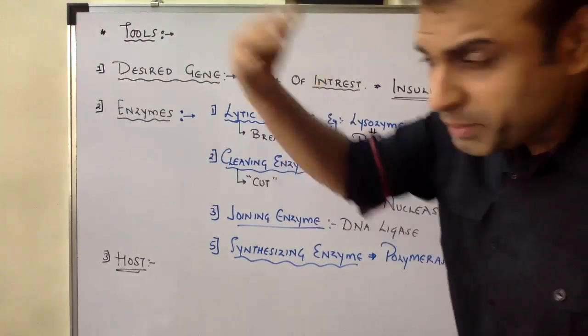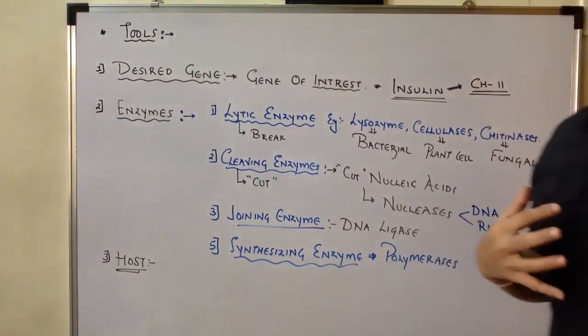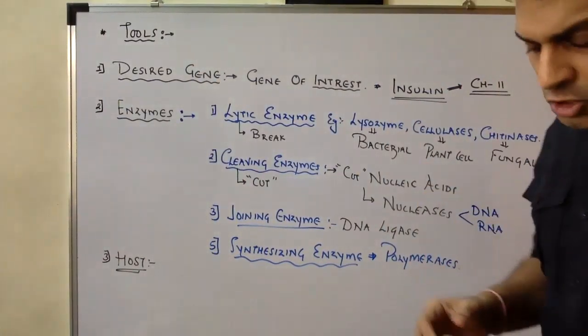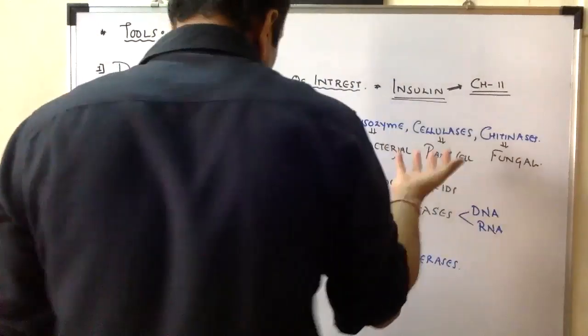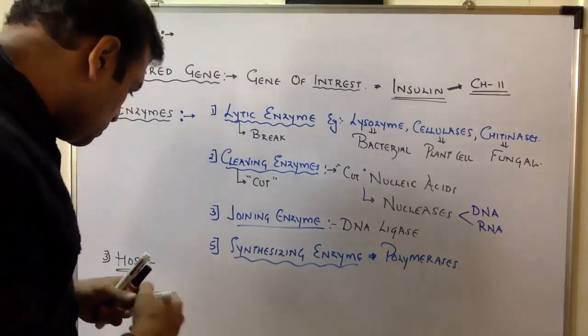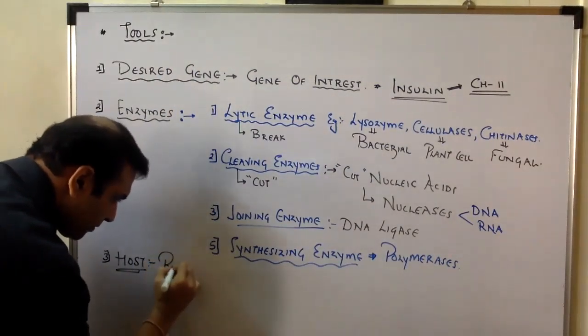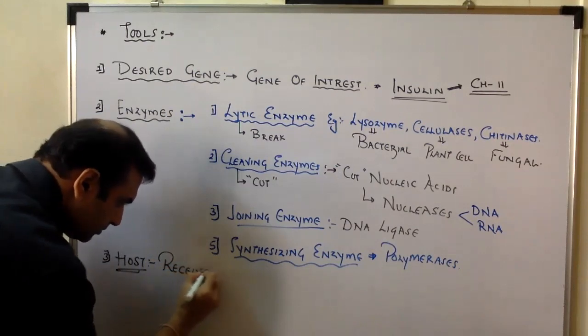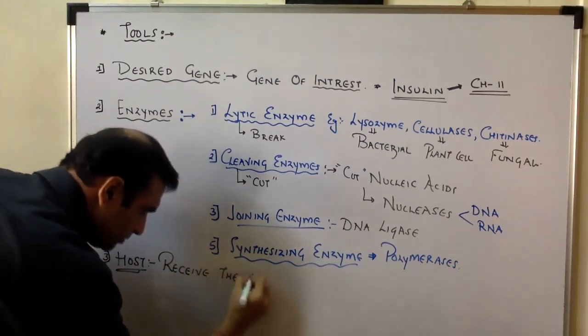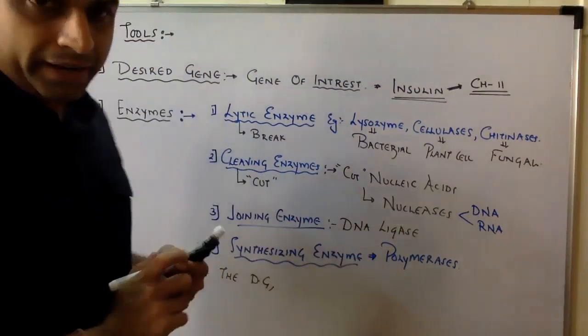There has to be some donor and there has to be some recipient, so I will use the word host. Host is the one which will receive the desired gene.